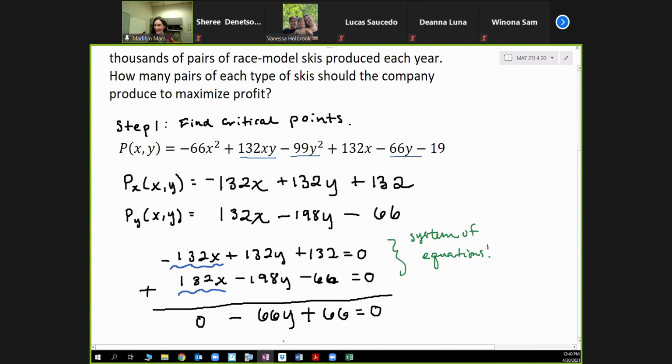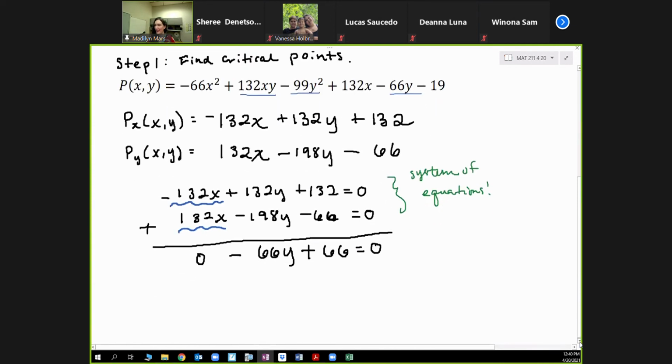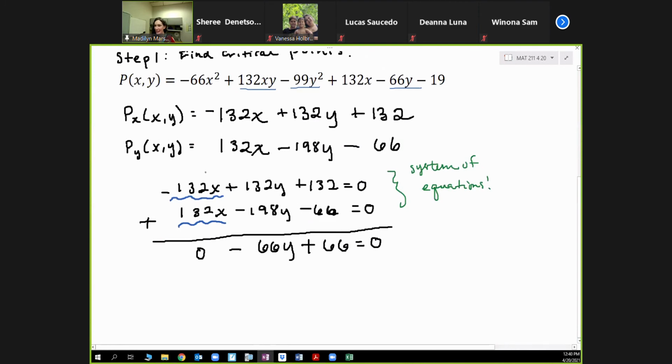I was like, man, she's good. So adding all of these together, we have gotten rid of that x. So now we have an equation in just y. And this we can solve.